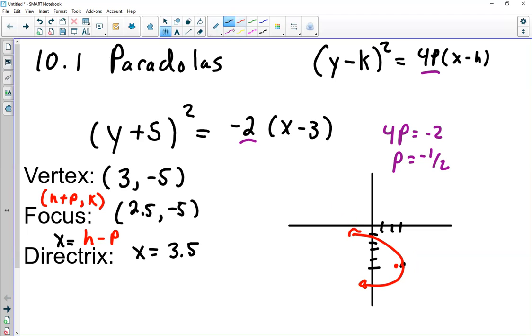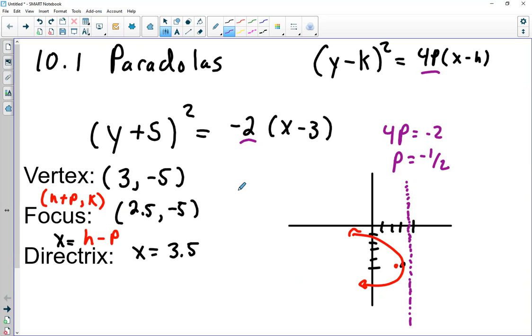And over here, it's going to be a dotted line right behind the parabola, at 3.5. So you know you graphed it correctly if your parabola is going away from your dotted line. That's the graph. That's what you need.